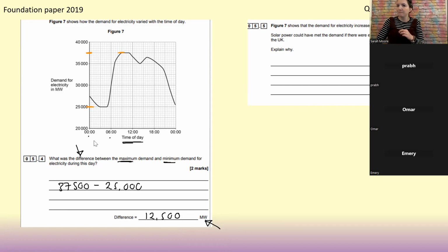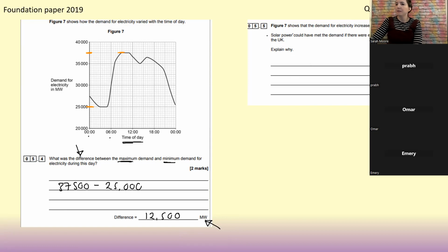Now, figure 7 shows us that the demand for electricity increased. So that means more electricity was needed between 6 a.m. and 9 a.m. Solar power, so using solar panels, could have met the demand if there were enough solar panels installed in the UK.